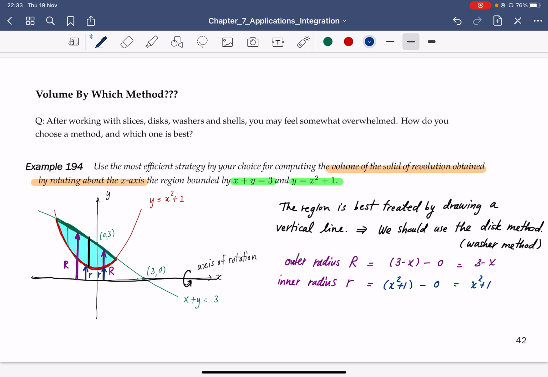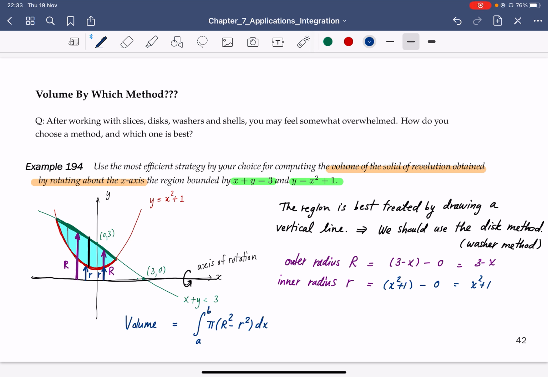So to set up the integral, the volume that you want is going to be the integral from a to b. So you have to find the intersection. I'm going to skip that part first. So it's going to be pi times the integral of big R squared minus small r squared, dx, from a to b.